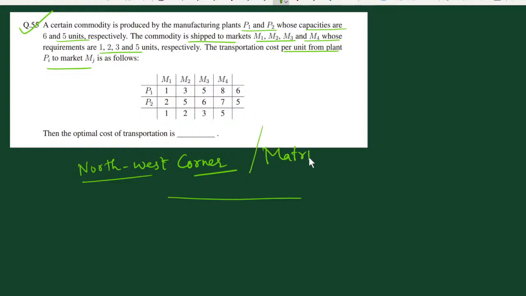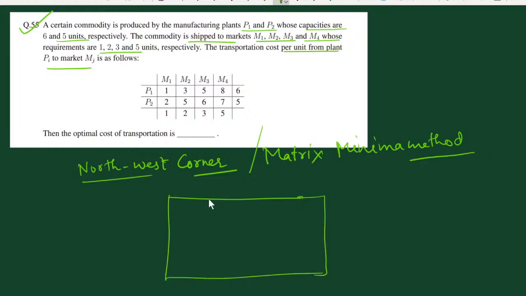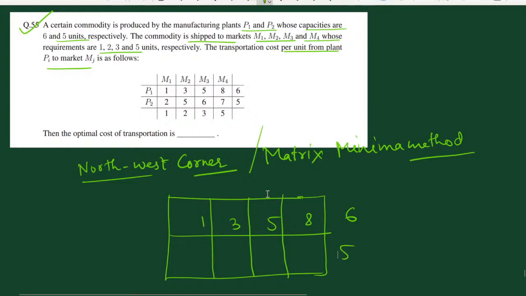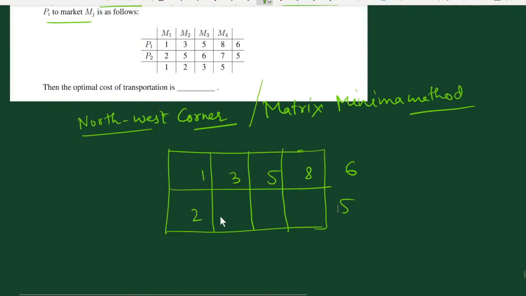The costs are 1, 3, 5 and 8, the supplies are 6 and 5, and the requirements are 1, 2, 3 and 5.